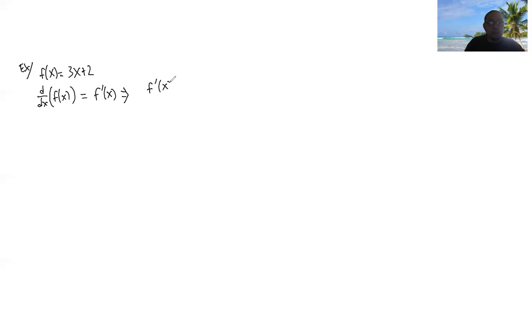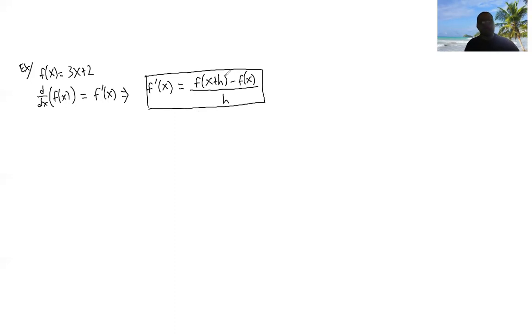The derivative of a function f of x is equal to f of x plus h minus our original function, all divided by h. And so let's keep using it and writing it down until we know it by heart, right? So let's use this to evaluate our function 3x plus 2.